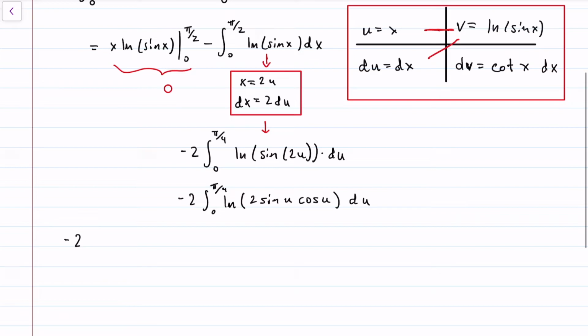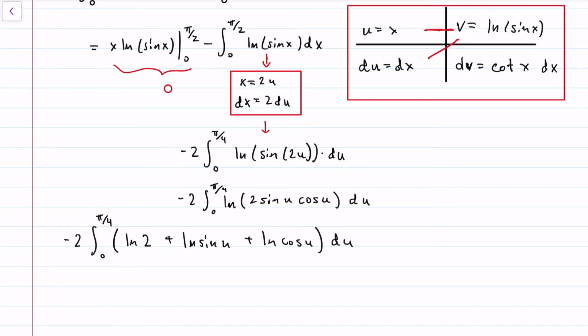So this splits up, of course, as the integral from 0 to pi over 4 of ln of 2 plus ln of sine of u plus ln of cosine of u, whole du.